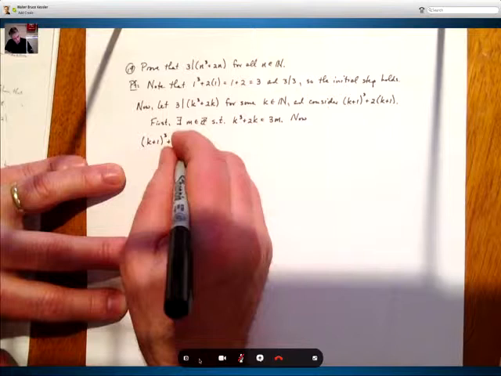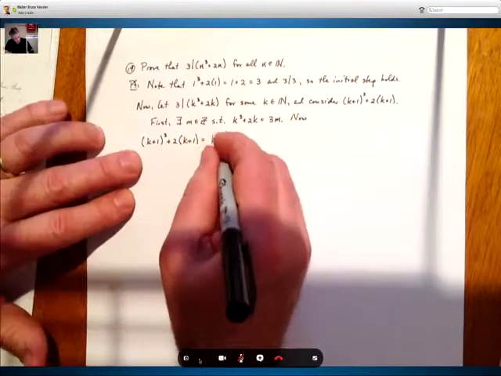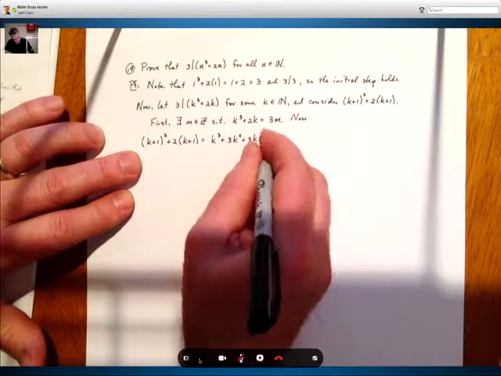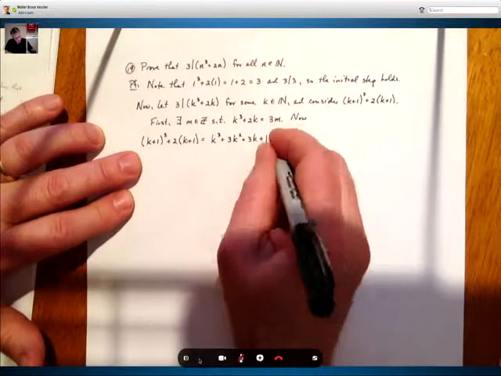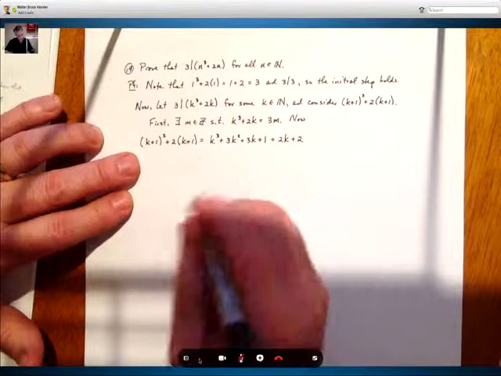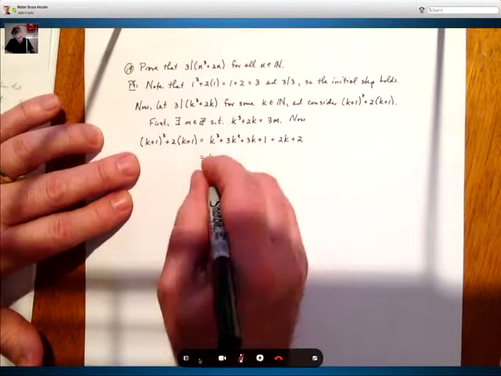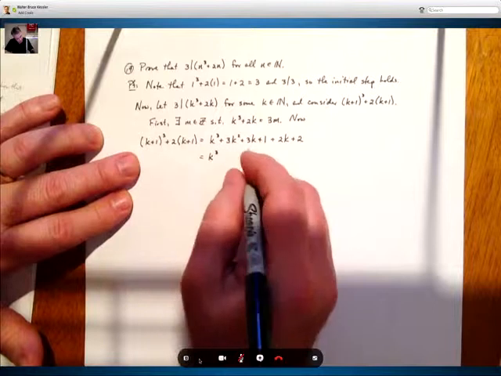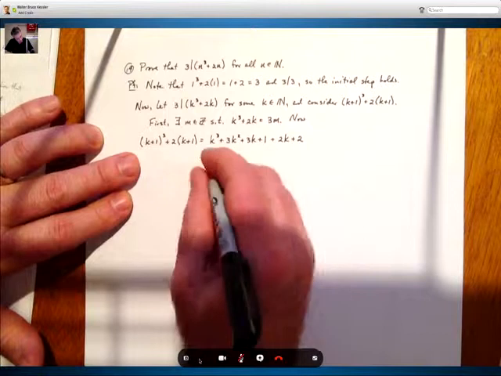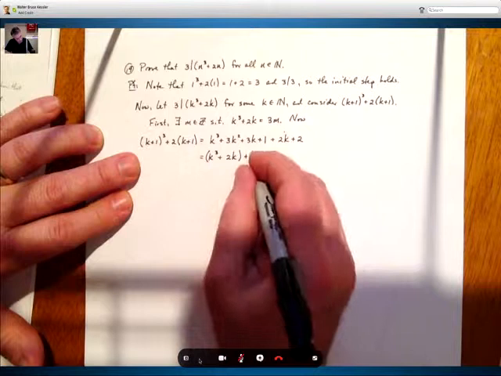Now, k plus 1 cubed plus 2 times k plus 1. Alright, this is k cubed plus 3k squared plus 3k plus 1 plus 2k plus 2. So let's be careful here and pull out this business. I've got k cubed plus 2k.